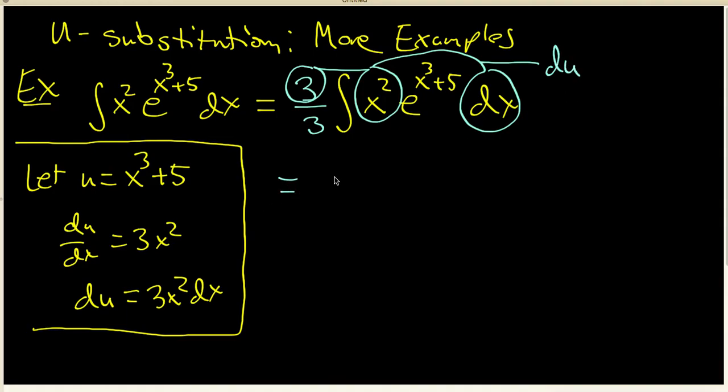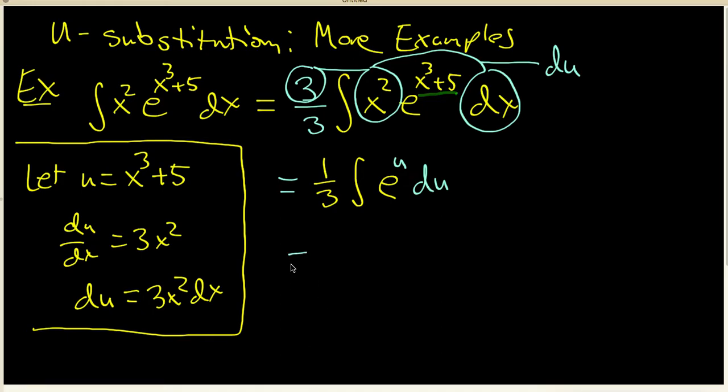And so when I do the u-substitution, what I have is 1/3 times the integral of e to the u du. Because this chunk here, of course, is a u. And I know how to integrate the integral of e to the u du.